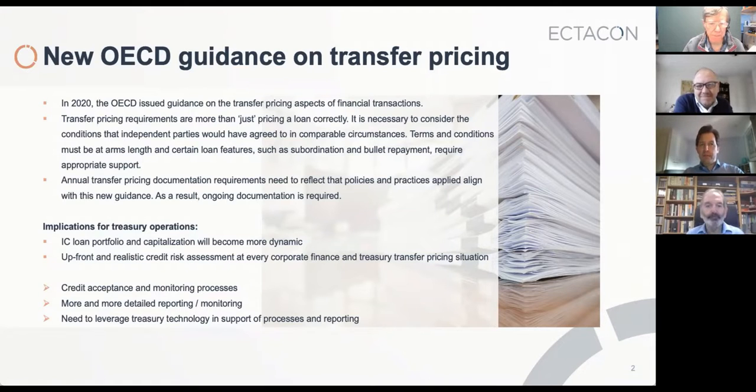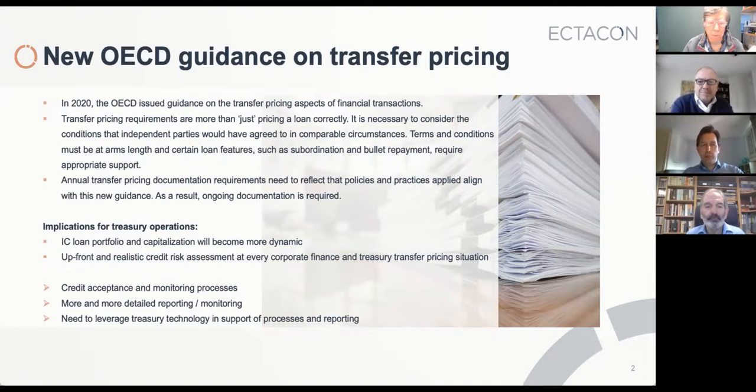Yes, thank you. So what we discussed in the prior web chat is that in early 2020, the OECD issued guidance on the transfer pricing aspects of financial transactions. And that was essentially the first time that very detailed guidance was available for tax and transfer pricing people on the information and analysis the OECD expects you to apply in the transfer pricing analysis of financial transactions.